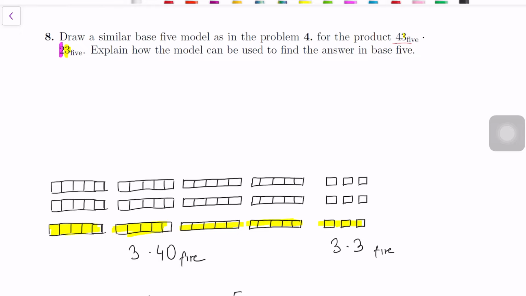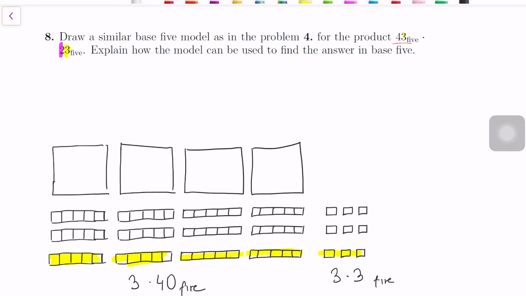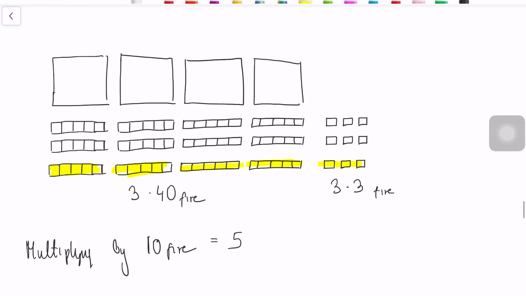So basically, multiplying by 10 longs will create a flat. Each long multiplied by 10 in base 5, same as in base 10, will create a flat, because again in base 5, 10 stands for 5, but 5 copies of longs will produce the flat in this base.